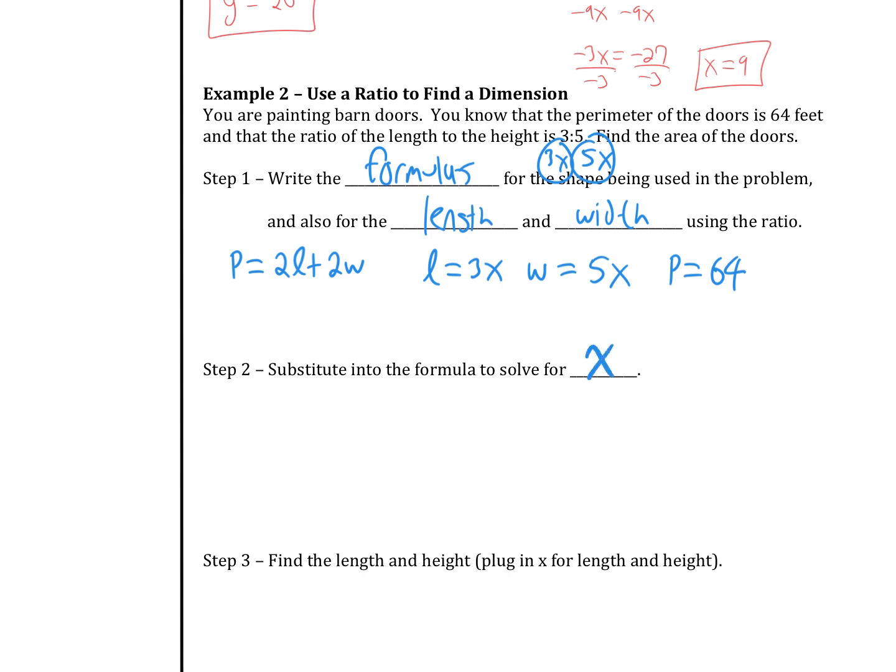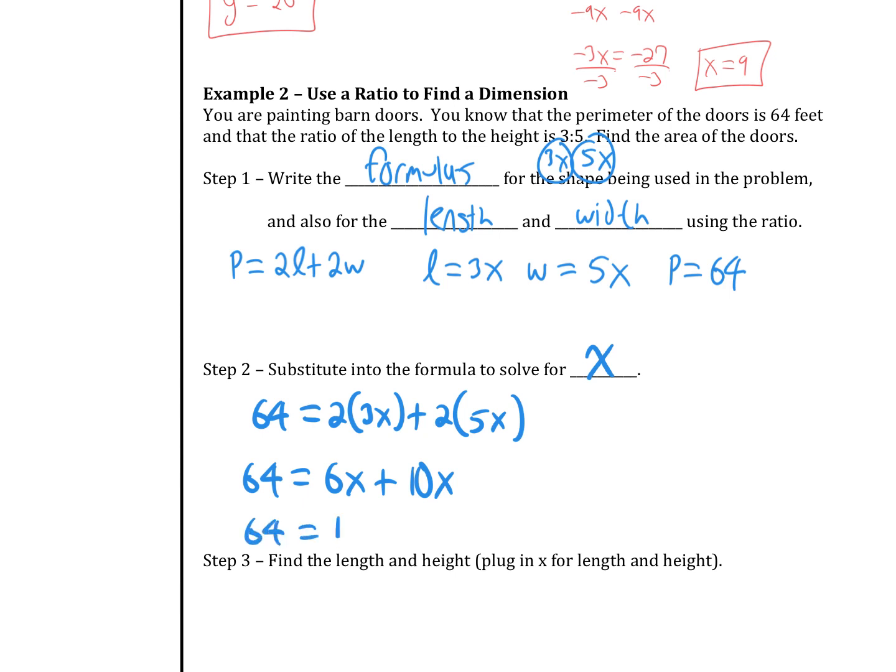So we know P was 64, 2 times the length was 3x, plus 2 times the width, which was 5x. So 64 equals 2 times 3x is 6x, 2 times 5x is 10x, so we get 64 equals 6x plus 10x, which is 16x. If we divide by 16, we get x equals 4.